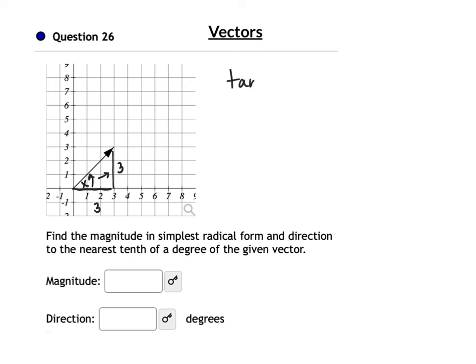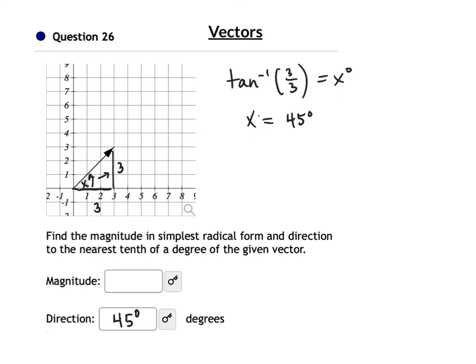That means we use the inverse function. The inverse tangent of 3 over 3, which is the inverse tangent of 1, that would be x degrees. So we'll plug that in the calculator. We get exactly 45 degrees. The direction is 45 degrees.